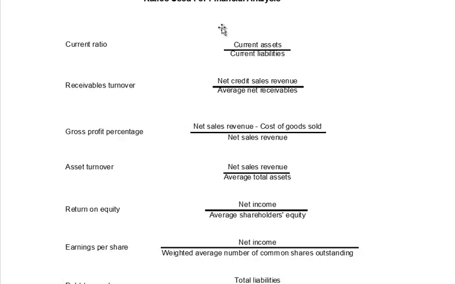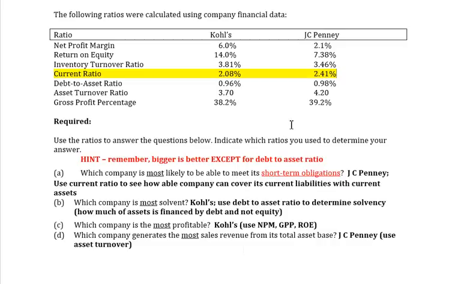So we're looking for the company that has the biggest current ratio, because that's when the current assets will be the biggest over current liabilities. So in our case, who has the largest current ratio? Well, that's JCPenney, right? So they're the ones that are going to be most able to meet their short-term obligations because they're going to have more current assets to meet their current liabilities than does Kohl's, because they've only got 2.08.